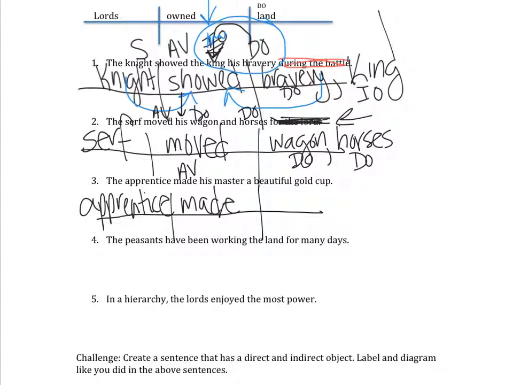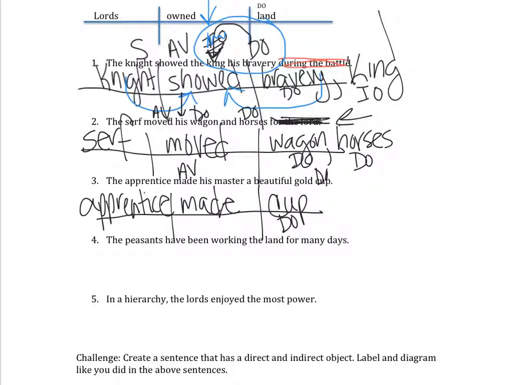Okay, let's see if you have a direct object. After action verbs, you can have direct objects. Never after linking verbs. Only after action verbs. Let's see. What was made? What did the apprentice make? He didn't make his master. He made a cup. That's your direct object.